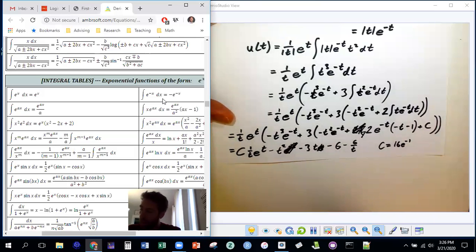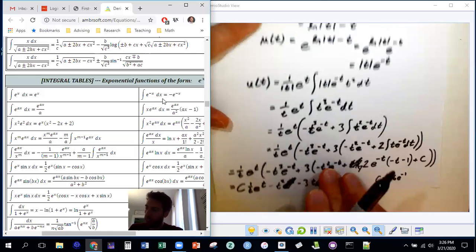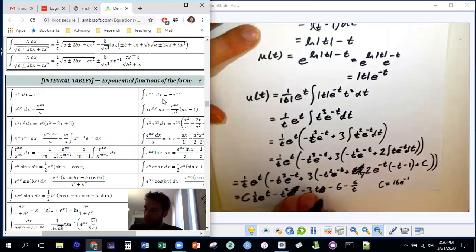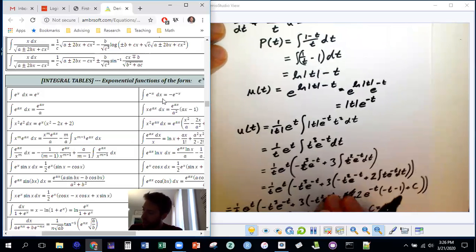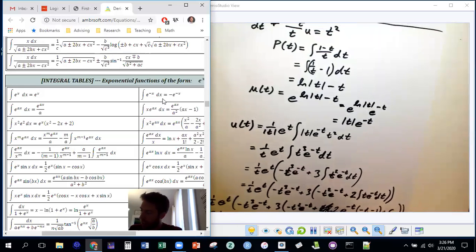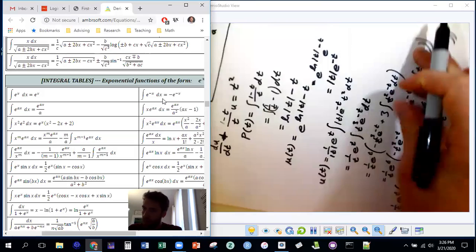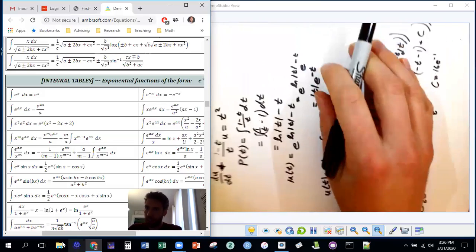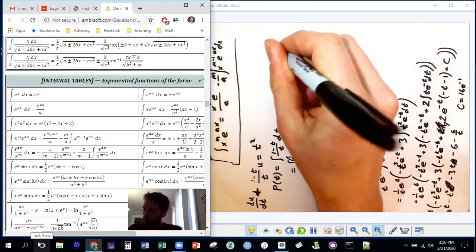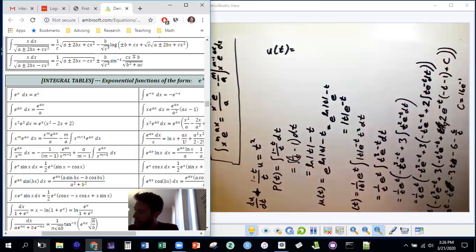So yeah. So then I'll put my final answer. It's not worth it to get a whole second page just to put the final answer on one last line. So we'll put our final answer up here. So that's that. So I just need to repeat this last line. So that means that U of t equals, our C was 16 e to the negative 1.